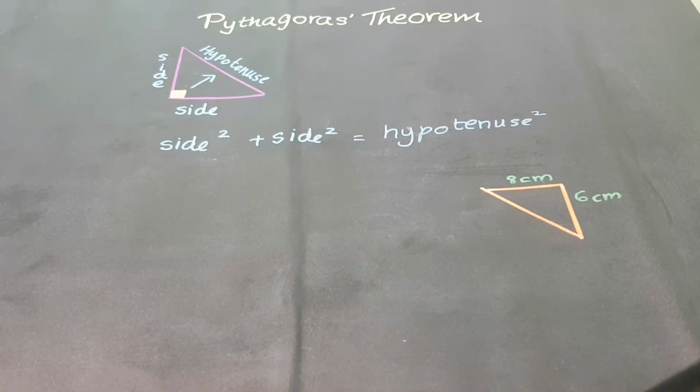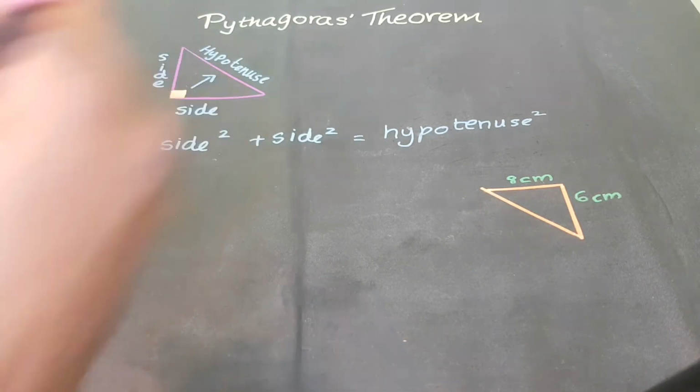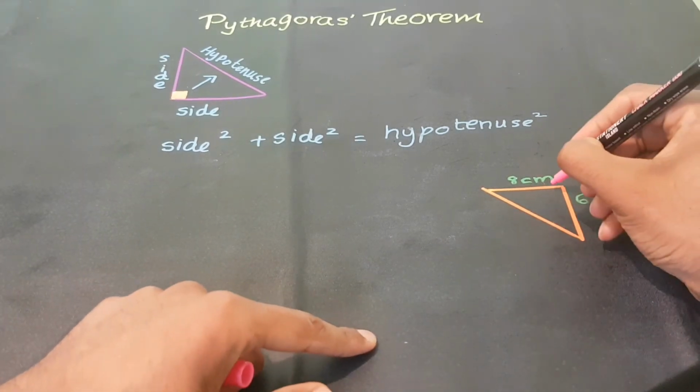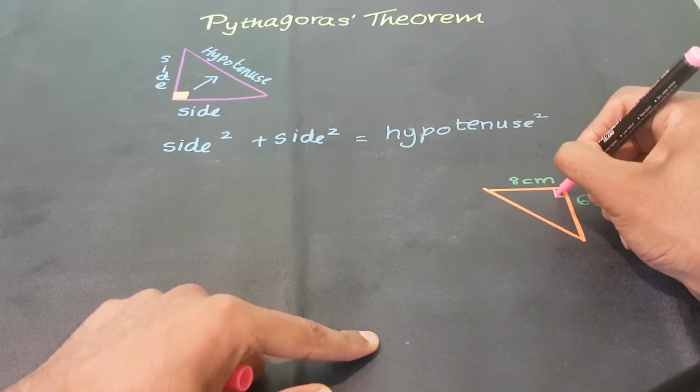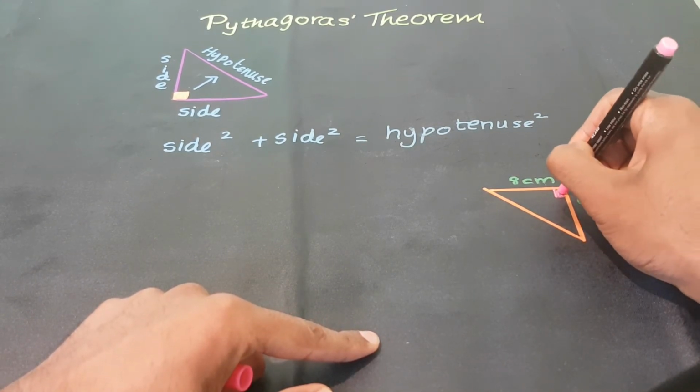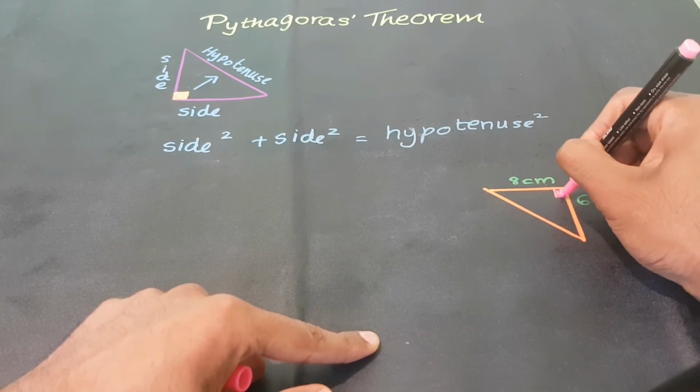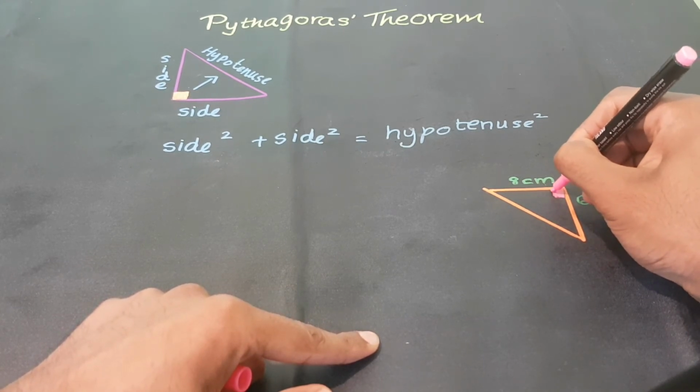Right, this time I have another right angle triangle where one side is 8 centimeters and the other one is 6 centimeters. So again, we follow the same steps. The first step is to locate the right angle in the right angle triangle. So there, I'm going to shade it in to emphasize it.